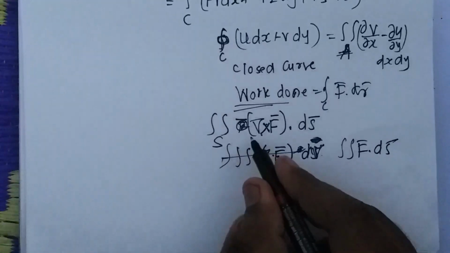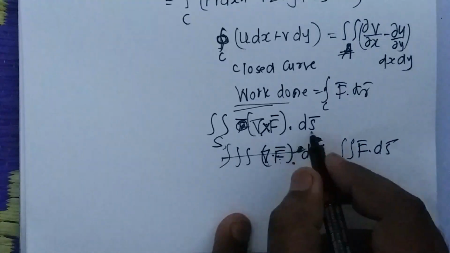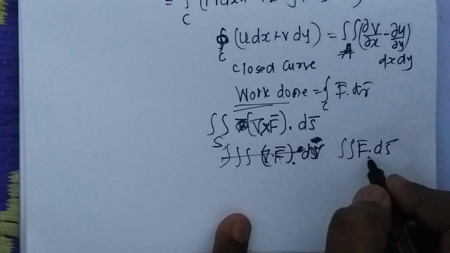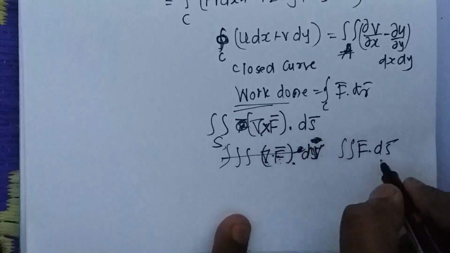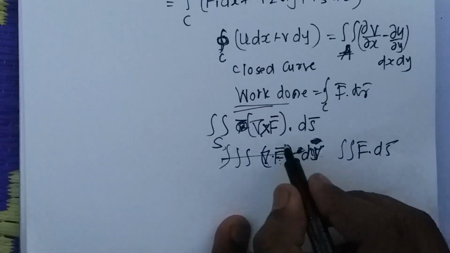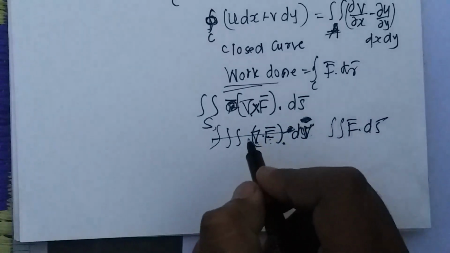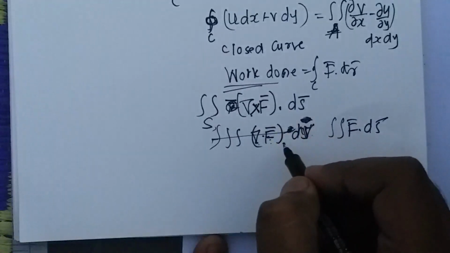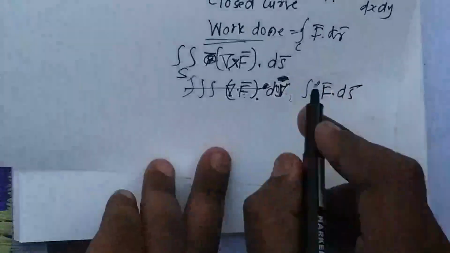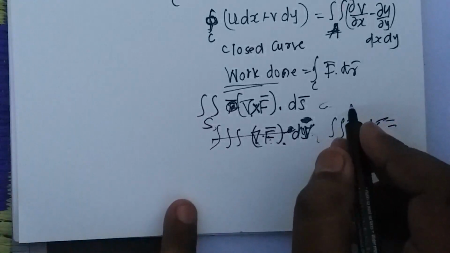Here we calculate the surface integral of the curl of F bar, and there we calculate the surface integral of F bar. This is the normal component of F bar, and that is the normal component of curl of F bar. These types of surface integrals we are going to face in Stokes theorem and divergence theorem, and they have some right hand sides to calculate, which we will discuss in the coming topics.